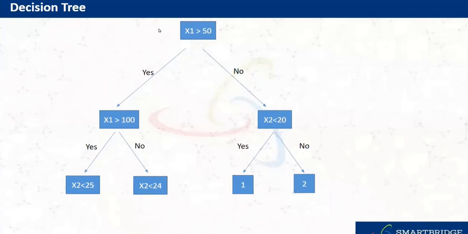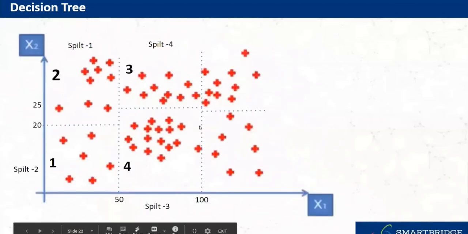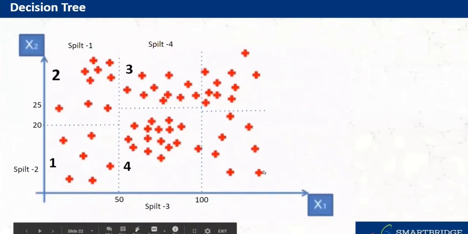So x1 is 25. Is x1 greater than 25? No. So this comes here. Is x2 less than 20? Yes. So the data is under split 1. So where is split 1 here? Over here. So the mean of all the data will be the regression answer. Did you understand this, guys? If you understand, shall we move on to the practical implementation?